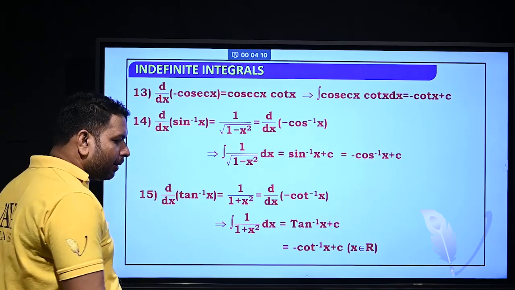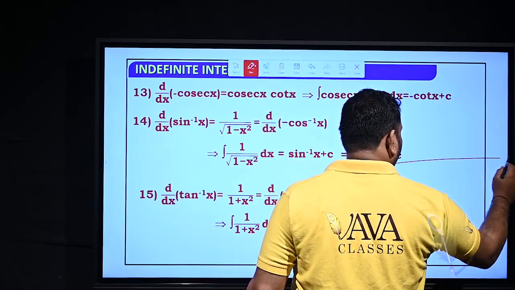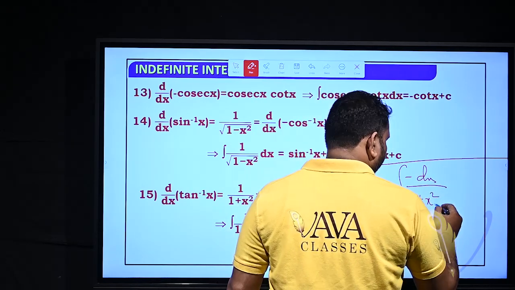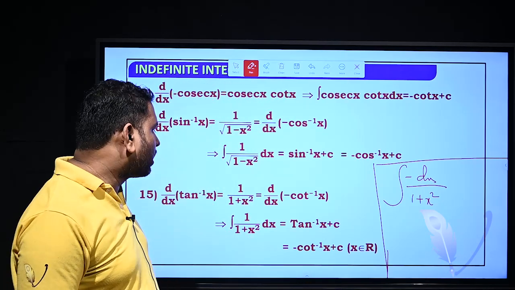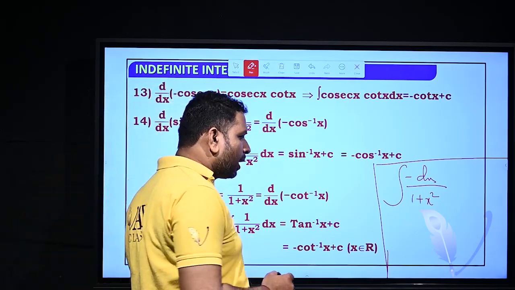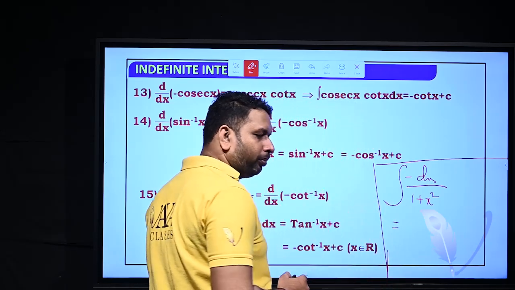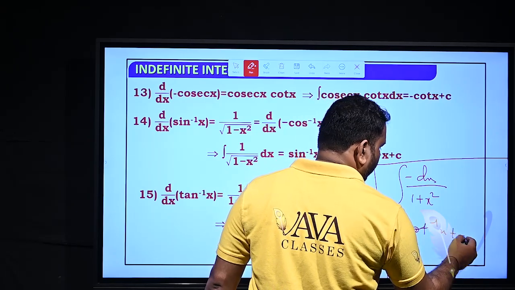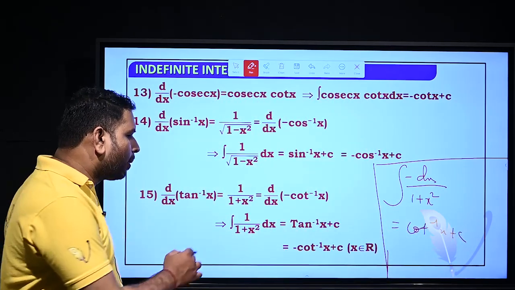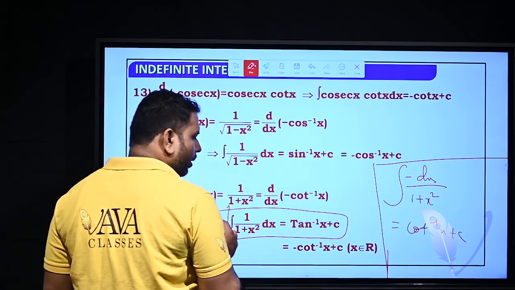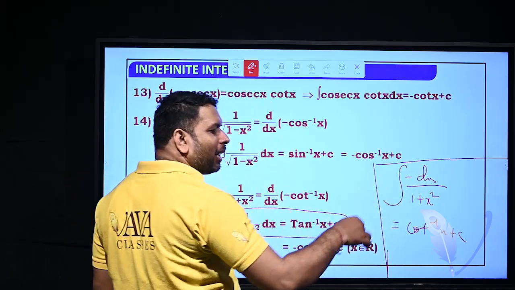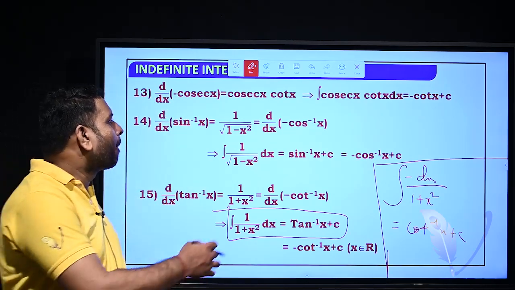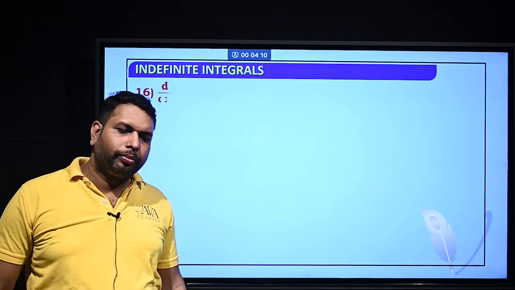Or you can write integration of minus dx by 1 plus x square equals cot inverse x plus c. Only integration dx by 1 plus x square is tan inverse x plus c. Integration minus dx by 1 plus x square is cot inverse x plus c. So these are the standard formulas.